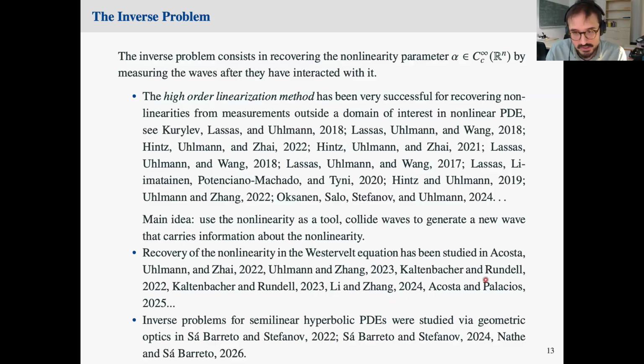But there has also been some work in the same spirit as what we're using today. Using geometric optics, there are some works of Antonio Sá Barreto and Stefanov, and there's also a recent work by Nathan Sá Barreto from 2026. But this is for semi-linear hyperbolic PDEs.